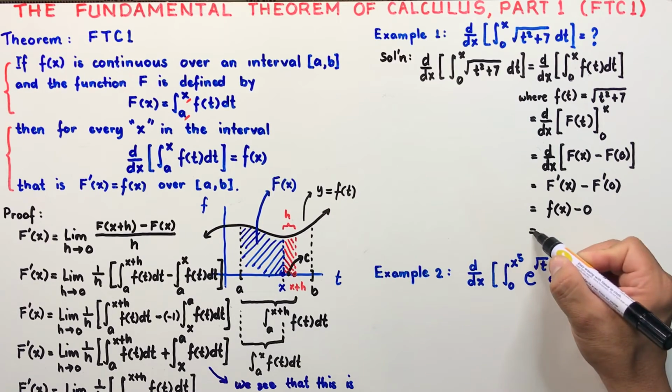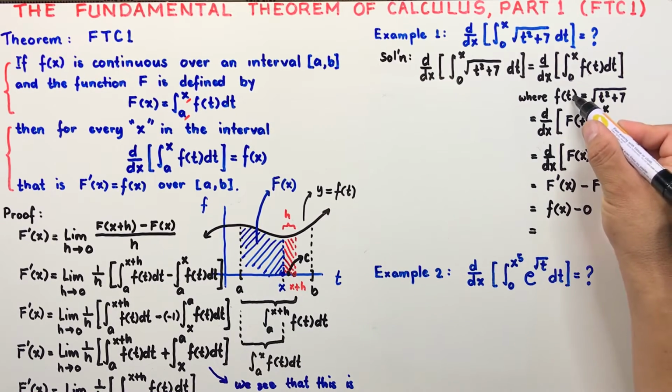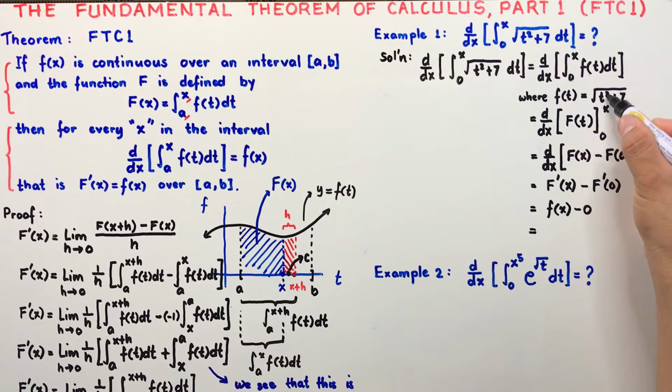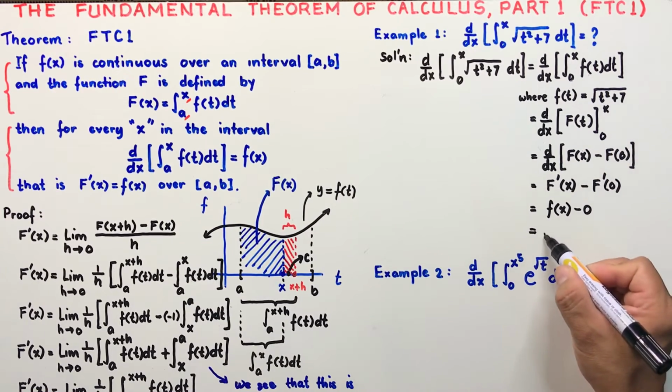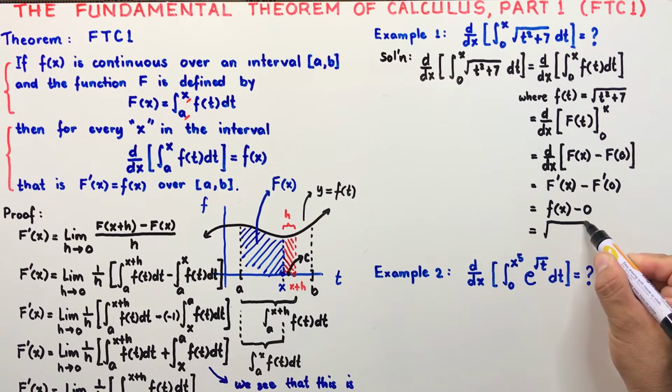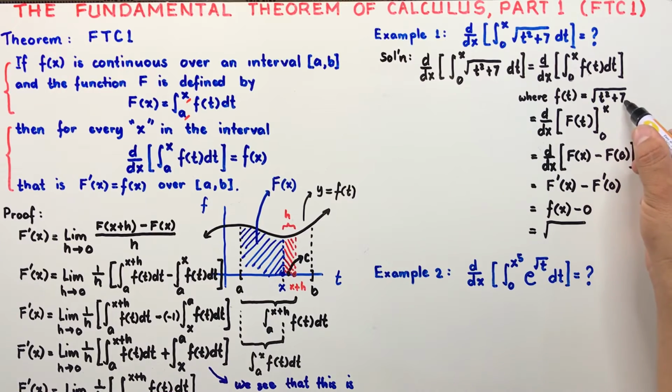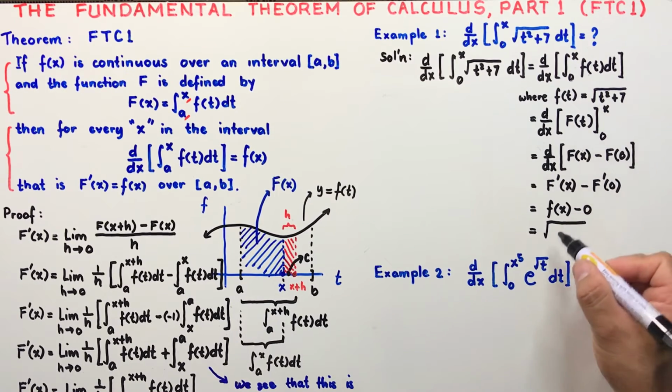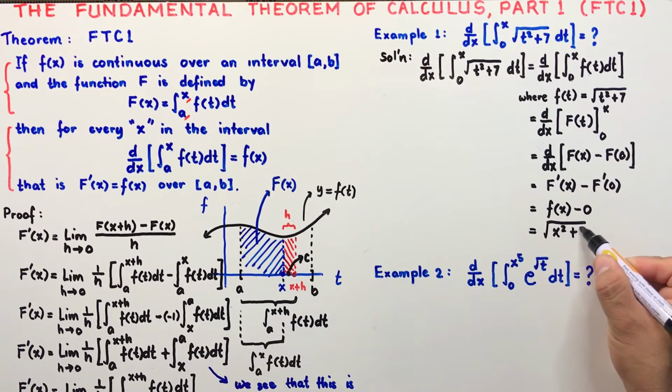So therefore, our small f is the square root of t squared plus 7. So this is the square root of t squared plus 7, but our t here is x. So this is the square root of x squared plus 7.